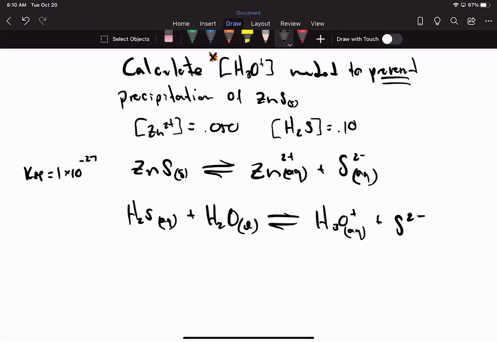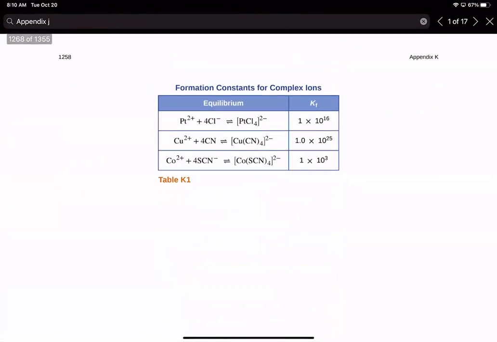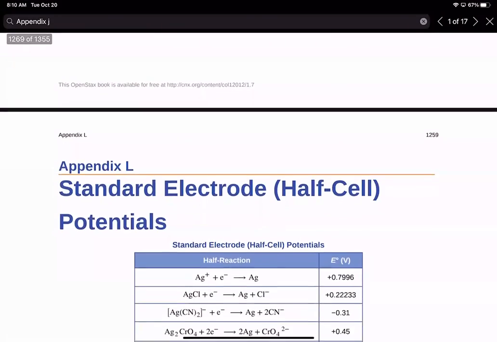Now here we're not going to need the KSP, but since we have an acid and a base here, this is my acid, this is my base. Let's see if we can get the Ka. We're not going to need the KSP for that, but we will need the Ka.